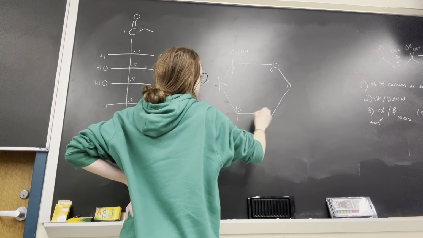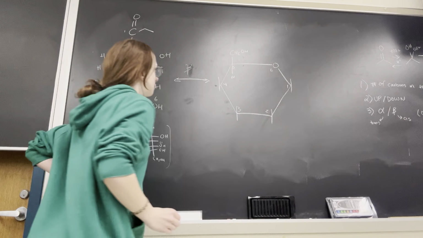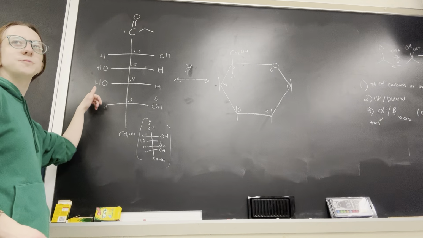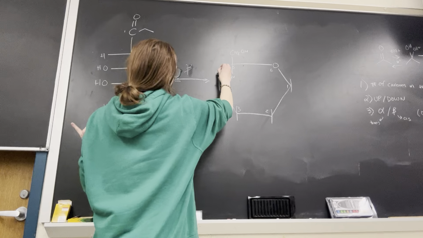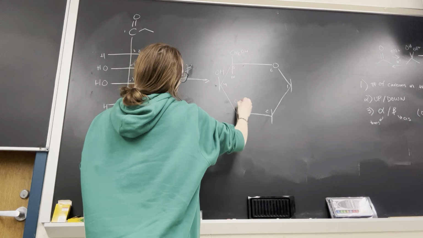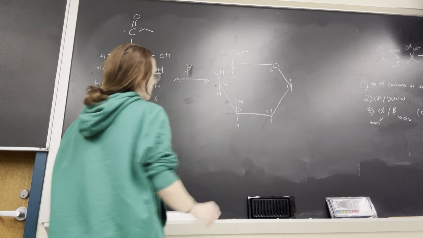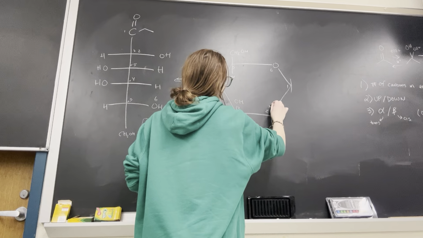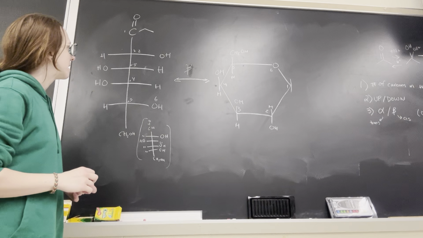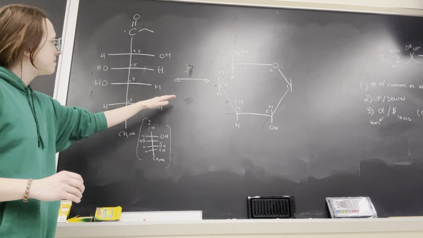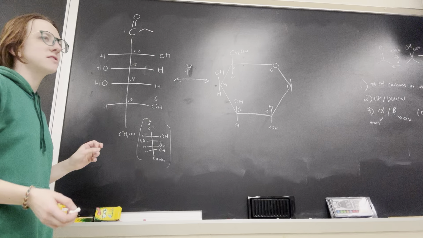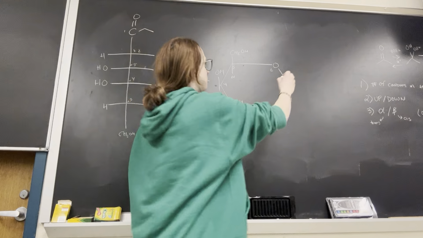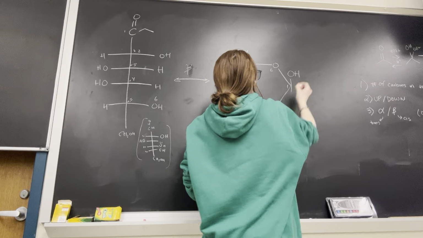Let me fill in the rest of these. This is on the left, and both of these are, which means that it goes up. So OH, OH. And that last one is on the right, which means it's down. So this one is beta, which means it's going to be pointing in the same direction, cis to the CH2OH. So the OH is just going to be up here.